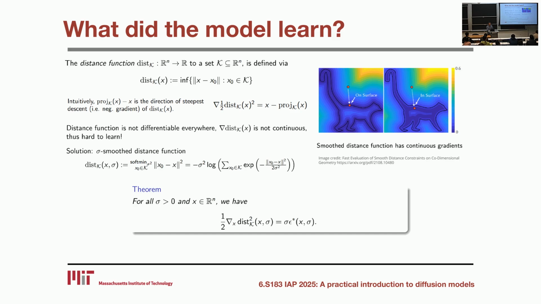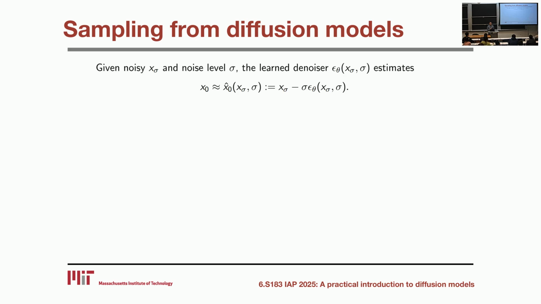Okay, so now we have an idea of what this model learns, right? How do we sample from diffusion models? We know that you cannot just call the diffusion model once with a large noise level, because it will just return the mean of the data. You have to call it multiple times. So here, let's call the predicted clean data at a certain noise level X0 hat.